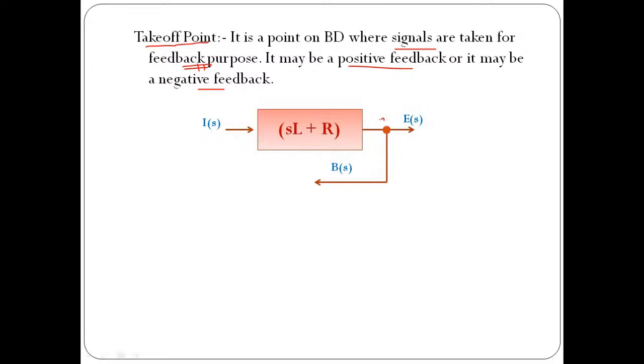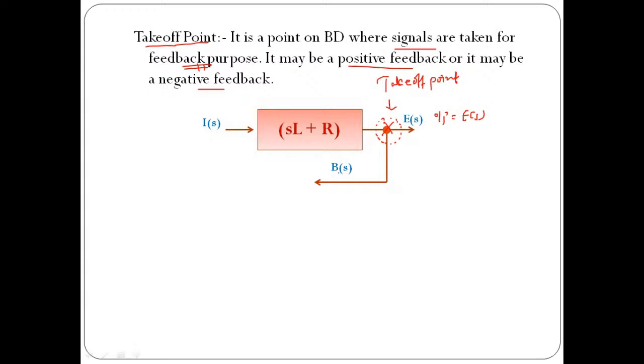So this point is known as the takeoff point. Why is it called a takeoff point? Because at this particular point we are taking this signal. Now what is the value of this signal? This signal is nothing but the output, which is E of S. So this E of S we have taken for feedback purpose.